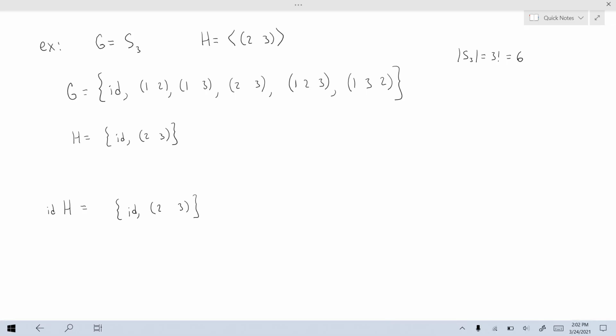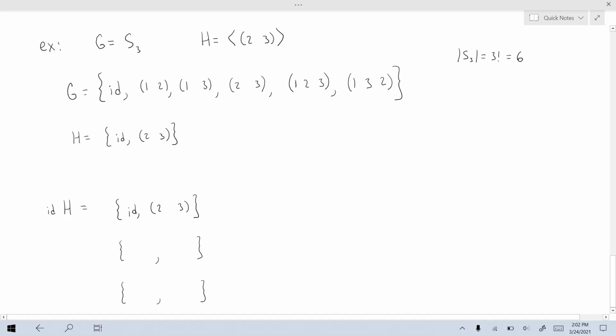Now we know that every other coset is going to have 2 elements in it as well. So we see ahead of time there are going to be 2 other cosets in order to account for the 6 elements in G altogether.